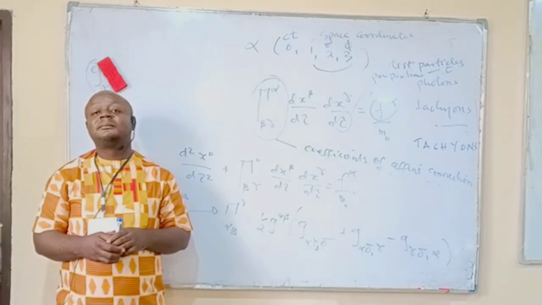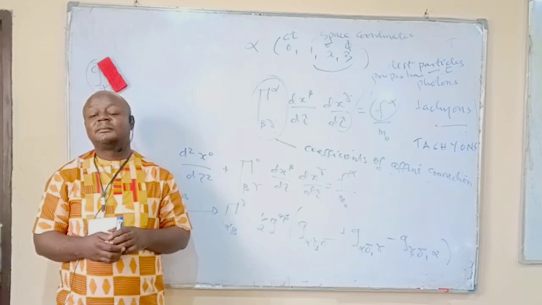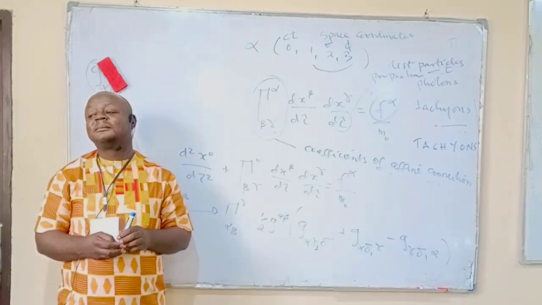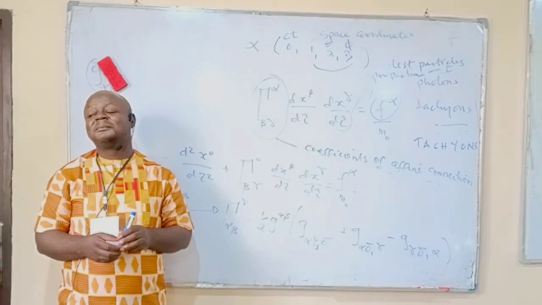Most times, there's what we call a collisionless atmosphere. They are there in space, but they don't have enough force to attract each other to the point that they will collide. Collisionless.